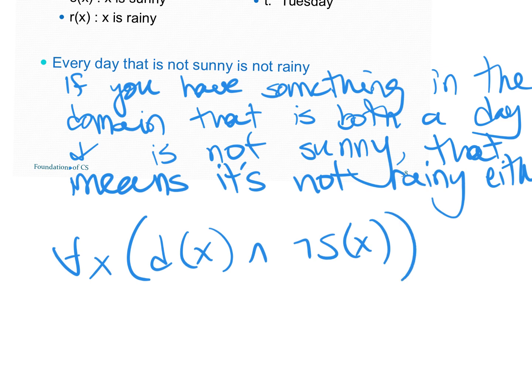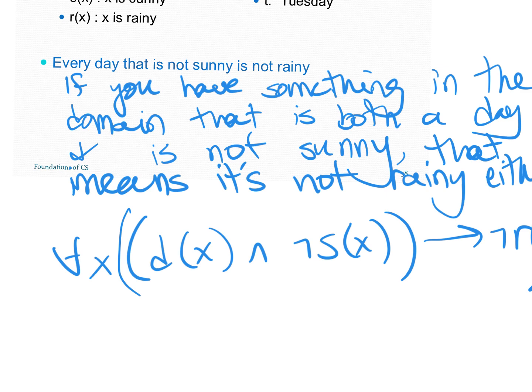So everything that is both a day and not sunny, if it's that, then it's not rainy. And again, I need parentheses around that whole thing. Can't quite see them in here. So I'm using the not again here, the implies again here, and again I'm talking about for everything.